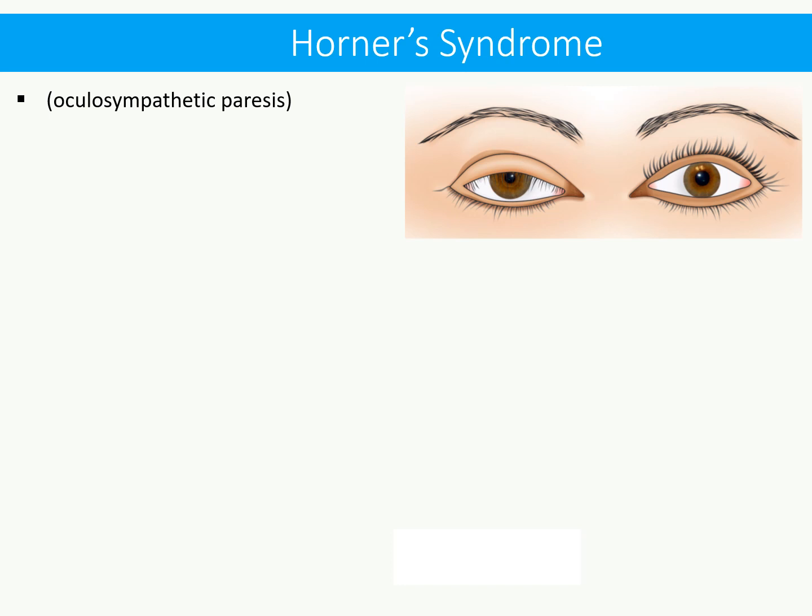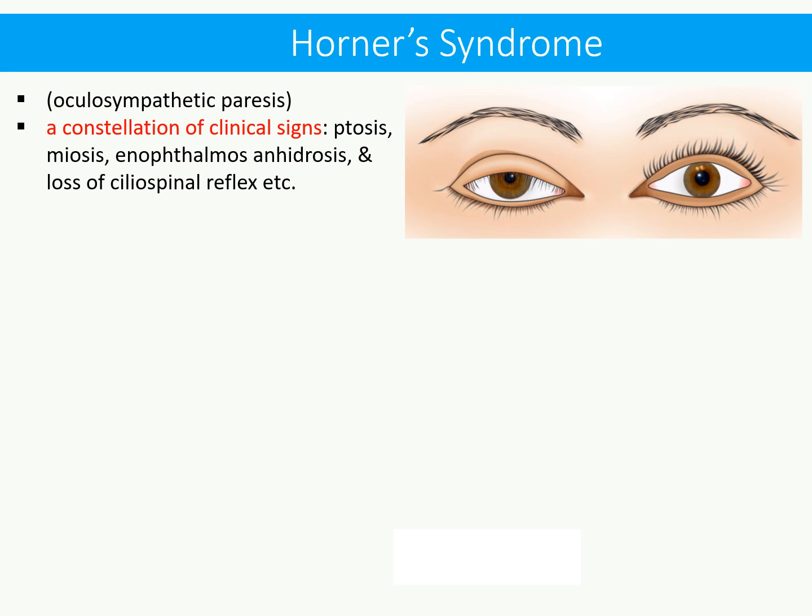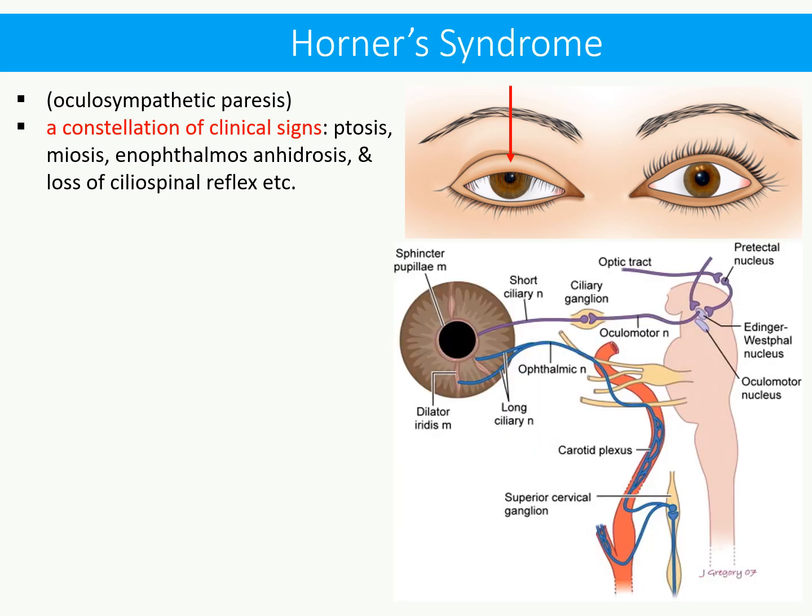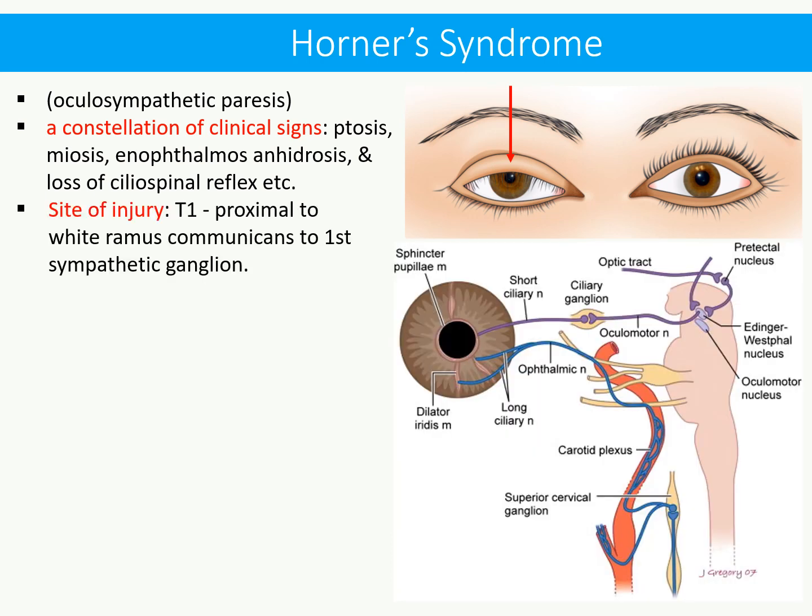Horner's syndrome, which is also named as oculosympathetic paresis, is a constellation of clinical signs including ptosis, miosis, anophthalmos, anhidrosis, and loss of ciliospinal reflex, etc. The site of injury, as earlier said, is thoracic 1 segment, and it is proximal to the white ramus communicans to the first sympathetic ganglion.